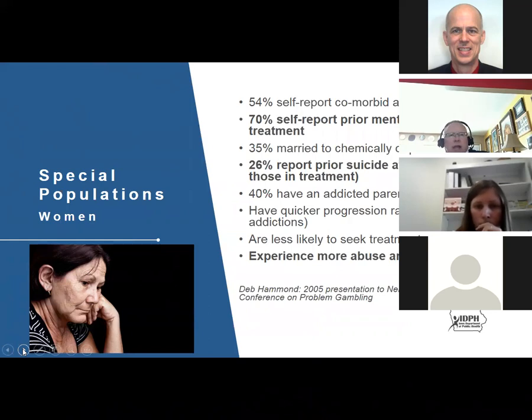For those of you that have a mental health unit and a substance abuse unit and a gambling unit, you now know that 70% of the women who have a gambling problem are starting out self-reporting as a mental health client. 26% had prior suicide attempts, and they experience a tremendous amount of abuse and isolation as a result of both their mental health issues and their gambling issues.